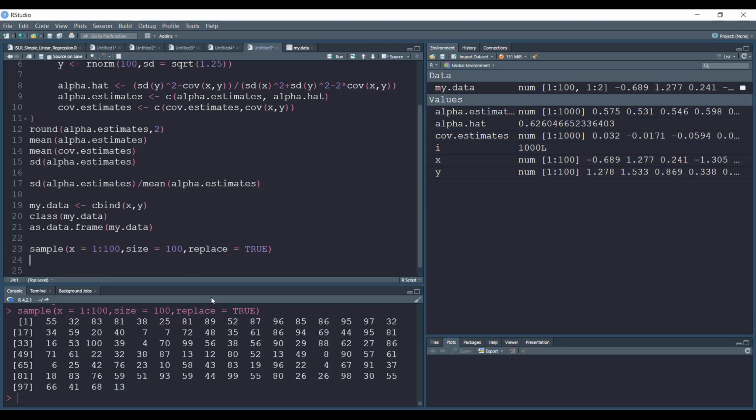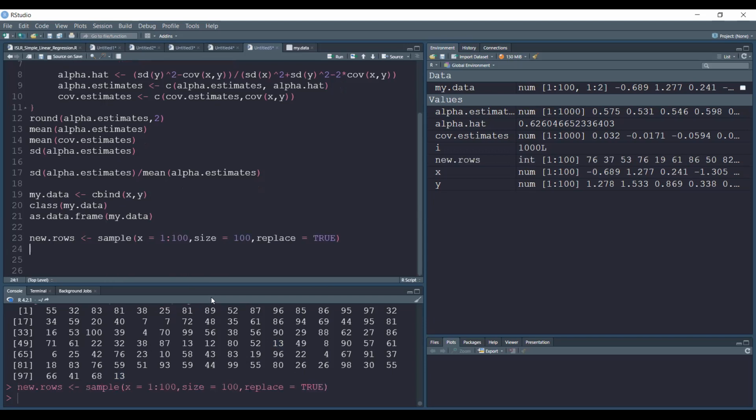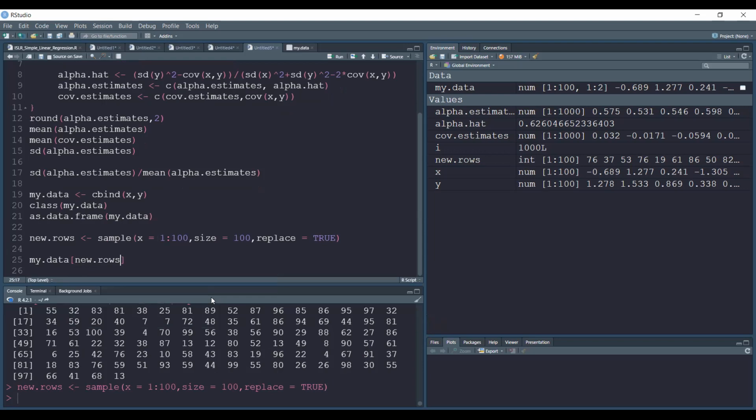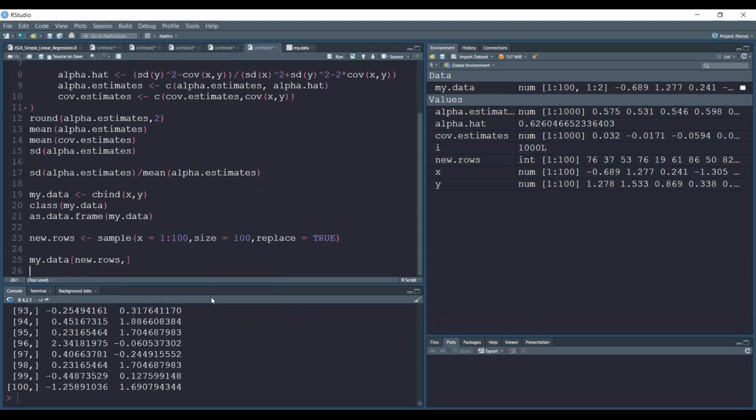And can we save it as a vector? I don't know. I'll just call it new rows or something. And would it work if I say my data, like this, new rows, comma?